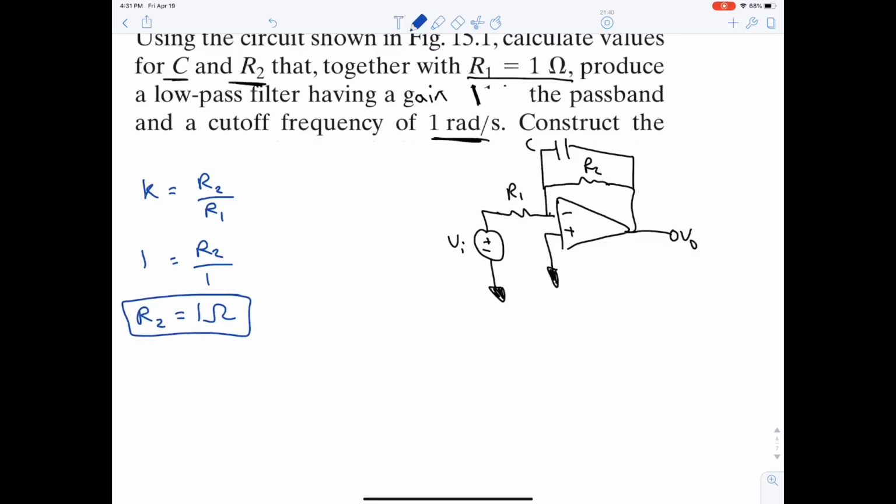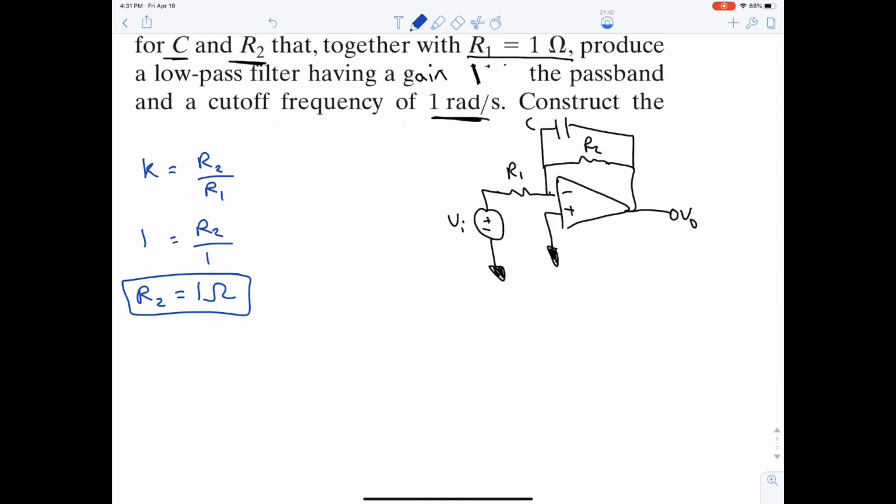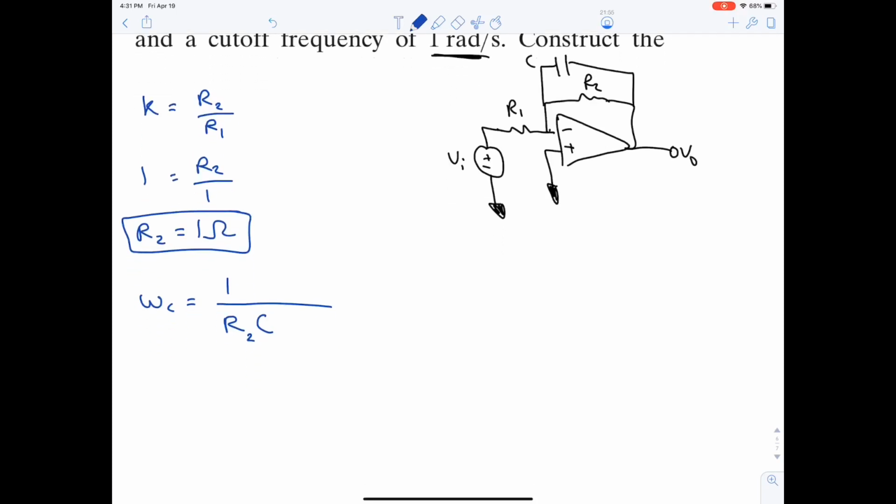So how can we now find the capacitor? Another equation that we already know is that omega C is 1 over RC, with the R that is accompanying the capacitor, so it's R2. Omega C is 1 and R2 is 1. Let's find the capacitor. Capacitor is also 1 farad. Okay, so this question was simple. Let's move on.